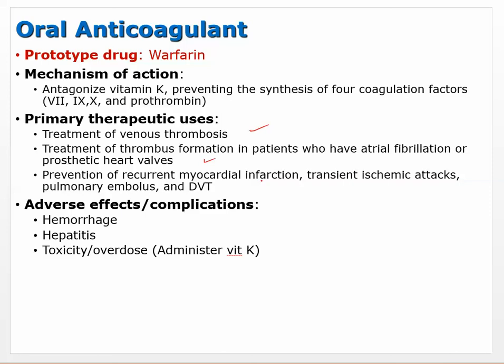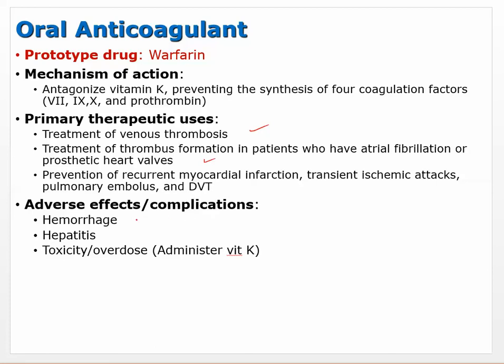Remember that heart valves can cause some clotting, so warfarin is okay for that in this case. Prevention of recurrent MI, transient ischemic attacks, TIAs, which are very quick episodes, almost a stroke but without lasting damage. Also PE, pulmonary embolism, and DVT, deep vein thrombosis.